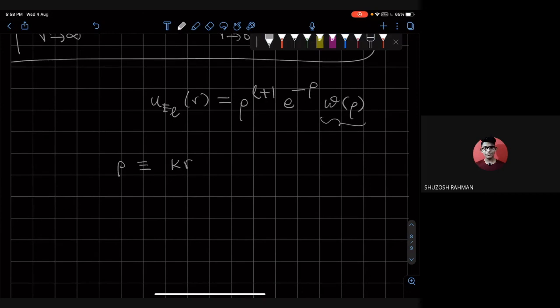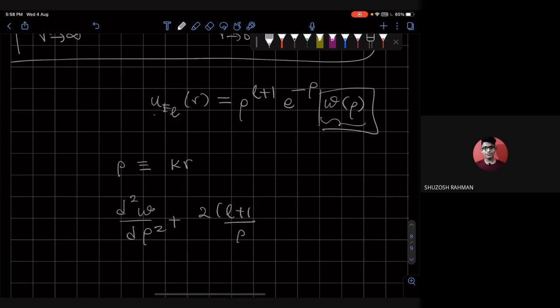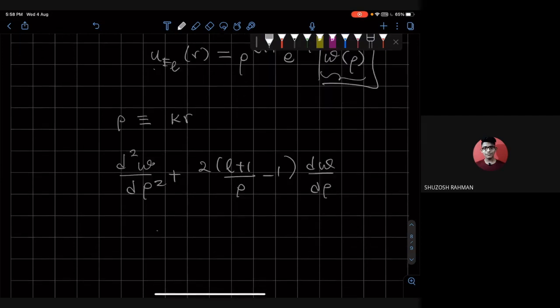And then we can now plug this into our full differential equation, which will give us a differential equation for omega. That is d squared omega by d rho squared plus (2L plus 1 over rho minus 1) d omega by d rho plus (V over E minus 2L plus 1 over rho) omega equals 0.